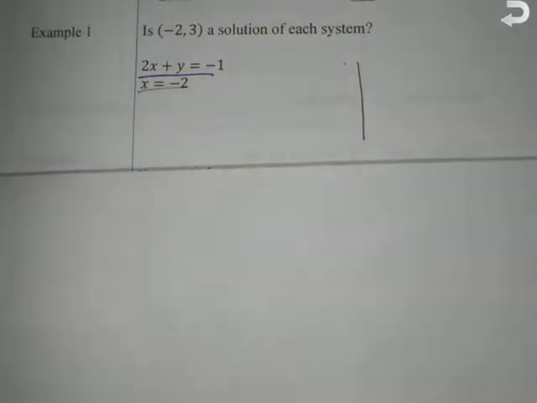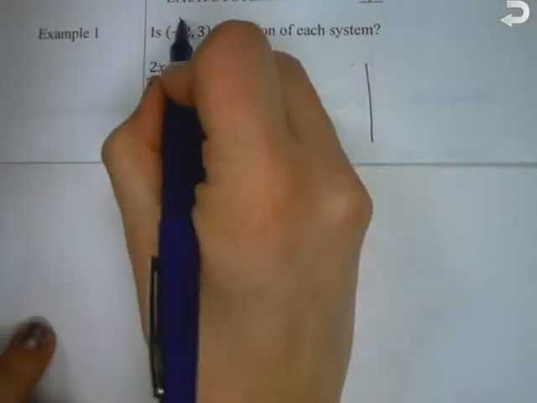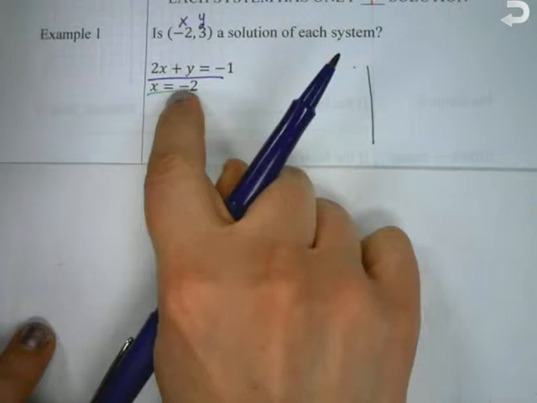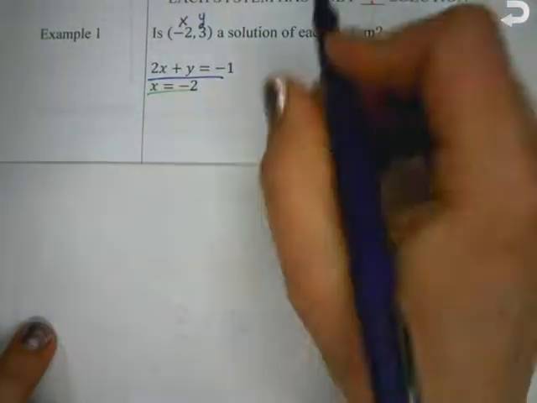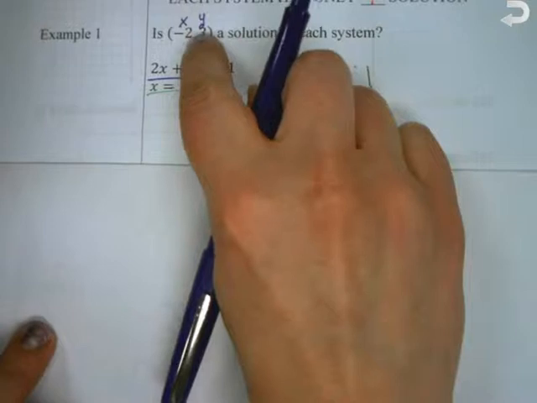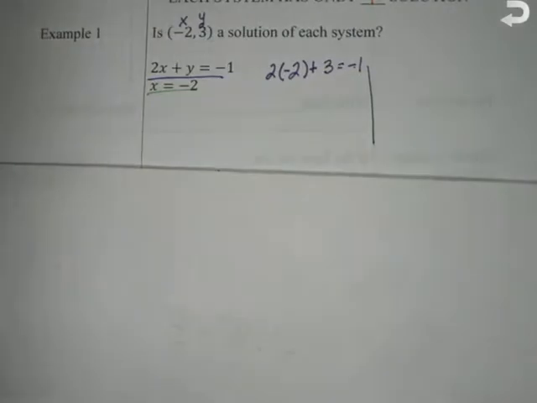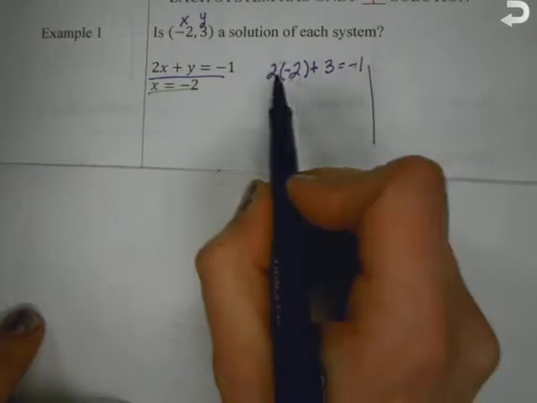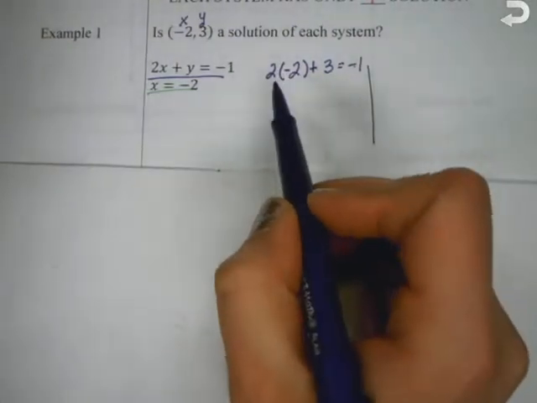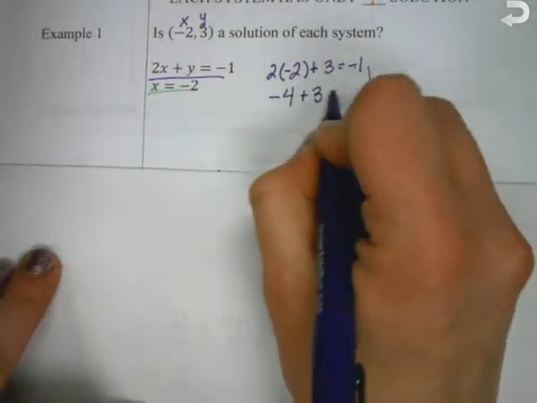Alright, so we are going to plug in -2 for X and 3 for Y. So for the first equation, we would get 2 times -2 plus 3 equals -1. That's what we're checking for. Okay, what is 2 times -2? -4. So you're just writing yes or no for the question. These are just going to have yes or no answers. And what is -4 plus 3?